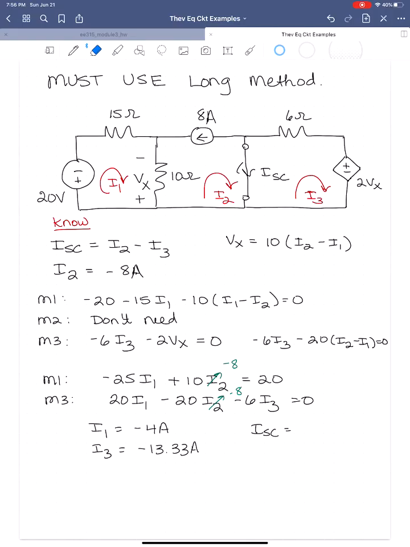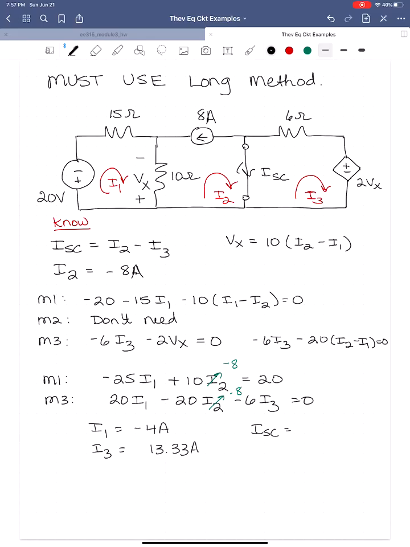This is going to be plus. Yeah, that's why.